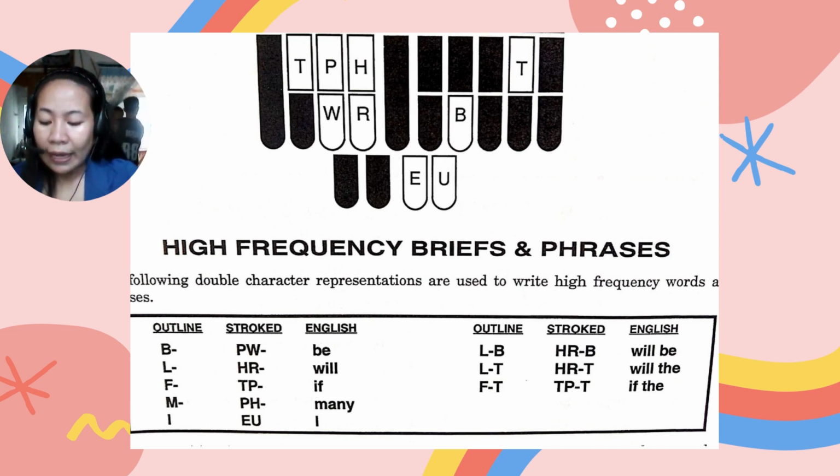Then LT: you're going to press HR and then the final T, and that will be read as will the. For FT, you're going to press TP for the initial and the final T, and that will read as if the.